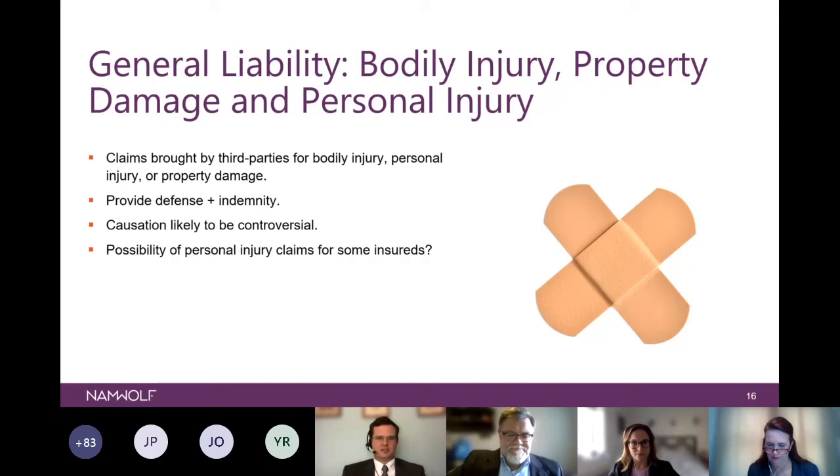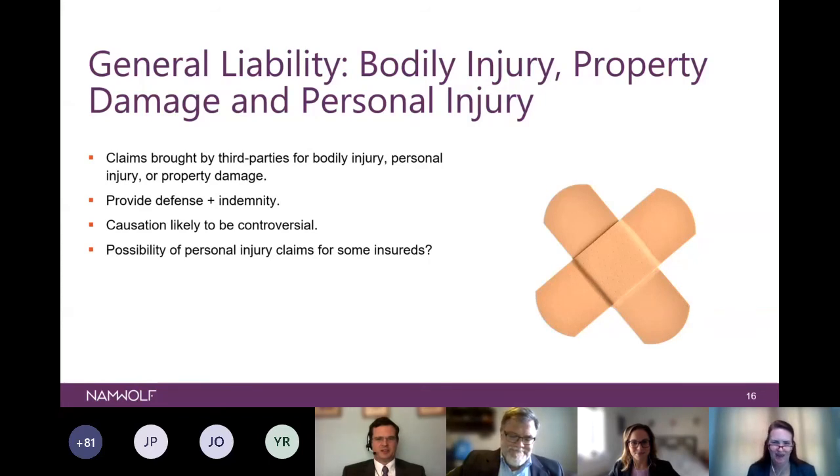Under personal injury coverage, the claims you might see here are, imagine that a neighbor goes on Facebook or Nextdoor and says that the guy right down the street has coronavirus, and the guy right down the street files a defamation lawsuit saying that the neighbor accused him of having a loathsome disease, when in fact that was not true.